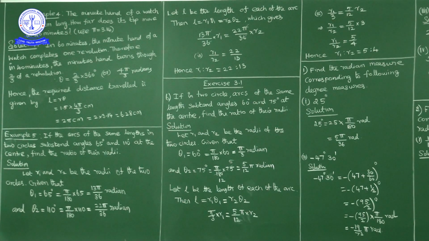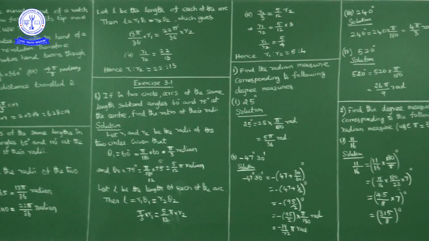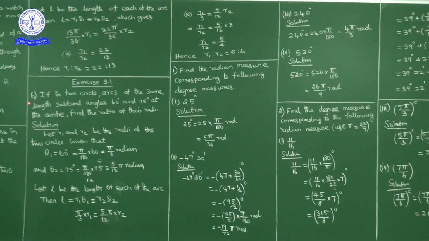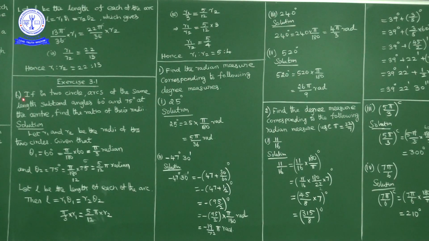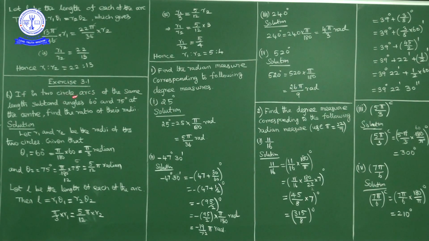Next, exercise 3.1, a similar question to example 5. I will discuss question number 6 here. If two circles' arcs of the same length subtend angles 60 degrees and 75 degrees at the center, find the ratio of their radii.